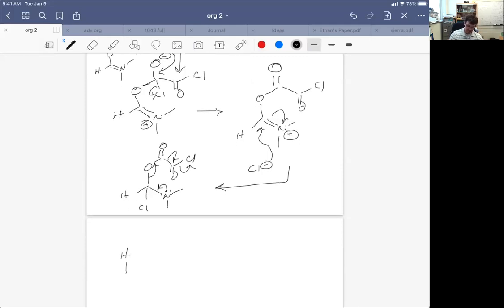So that gives us this species, which is countered by Cl-, CO2 plus CO. So we've looked at this reaction before, and this is in the synthesis of acid chlorides. So one of my favorite reactions, it shows that amides can be electrophiles sometimes, but for the most part, they're unreactive, and even in some cases, can be nucleophiles too.